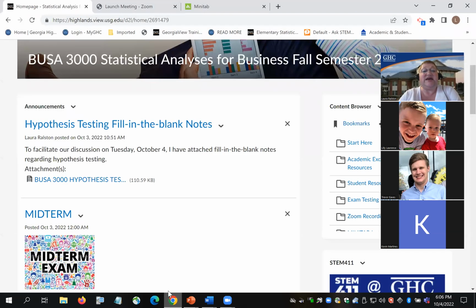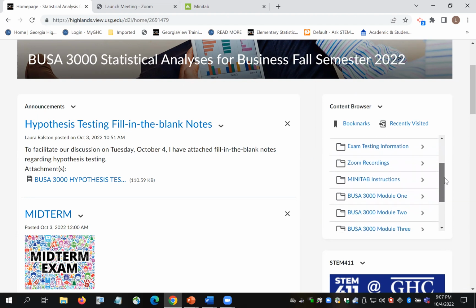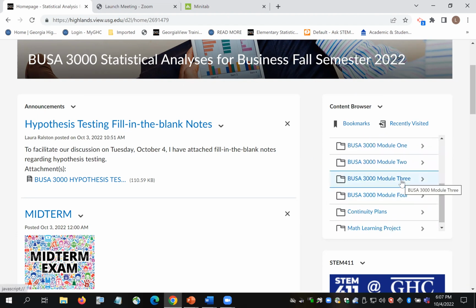To help facilitate our discussion of hypothesis testing, I posted yesterday a set of fill in the blank notes. Hypothesis testing is a topic that is covered in Stat 1401.